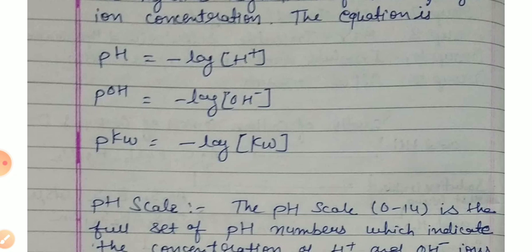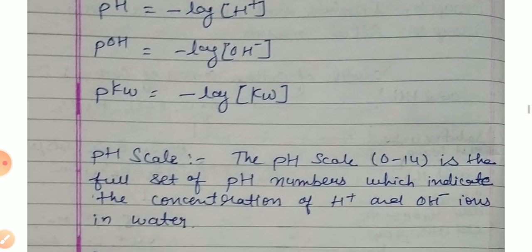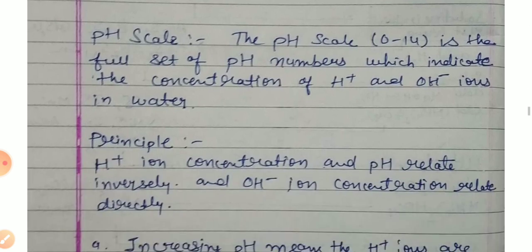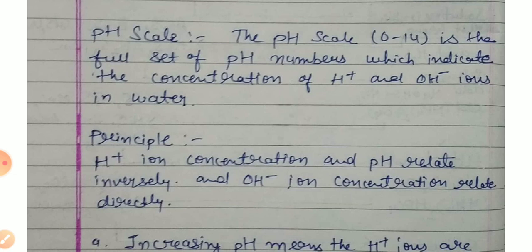Now, if we talk about the pH scale, what is the pH scale? It is just a scale from 0 to 14, and it is a full set of pH numbers which indicate the concentration of H plus and OH ion. Then what is the principle of pH?